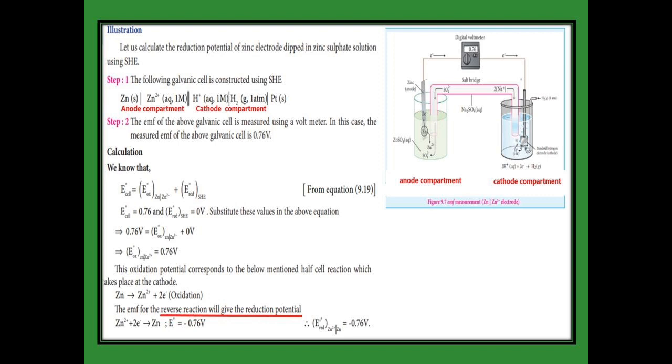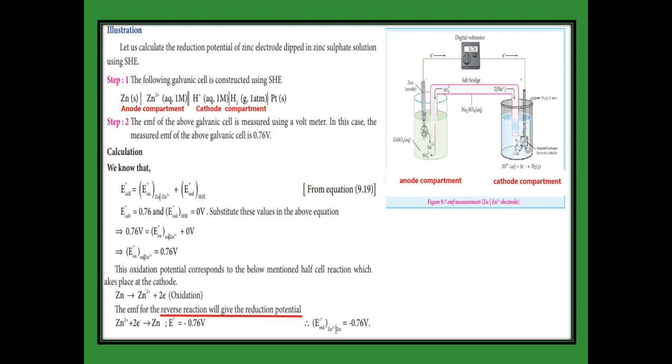Here the EMF of the whole cell we can find out from the voltmeter. So what is the formula from 9.19? E cell is equal to E oxidation of anode plus E reduction of cathode. In anode we are having zinc and then zinc sulfate, that is zinc 2 plus.